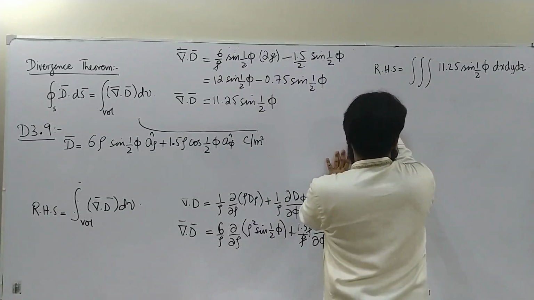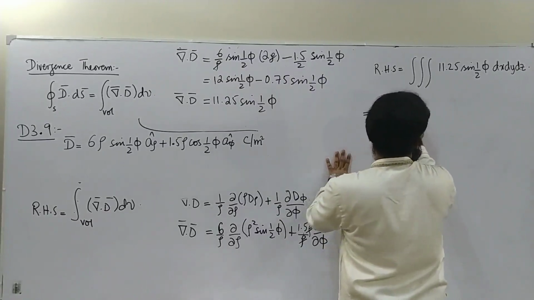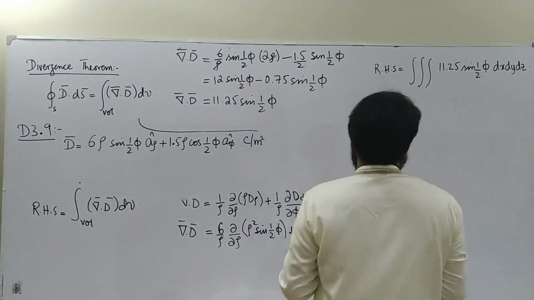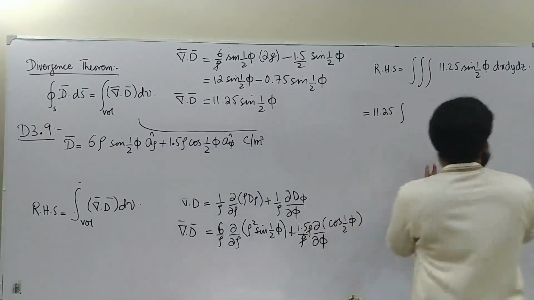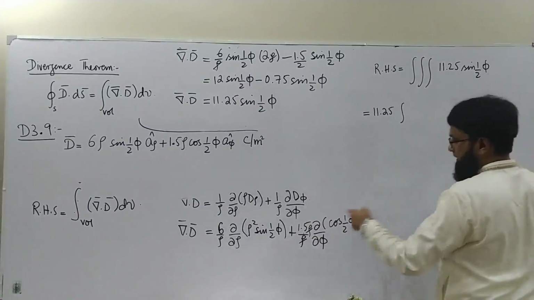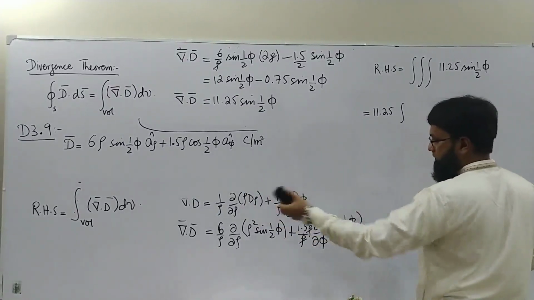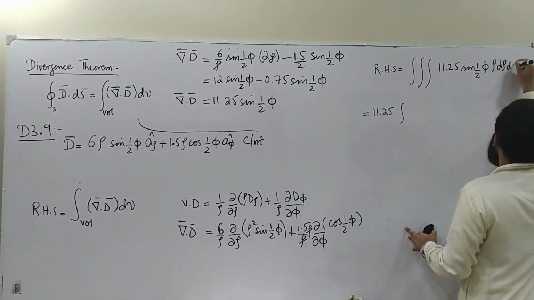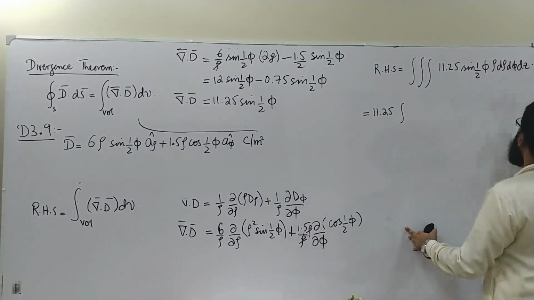Sorry, what nonsense I'm doing. We are working in the cylindrical coordinate system, so rho d rho d phi dz.